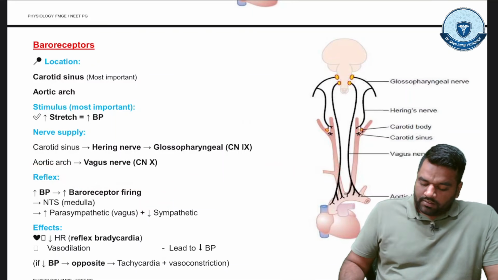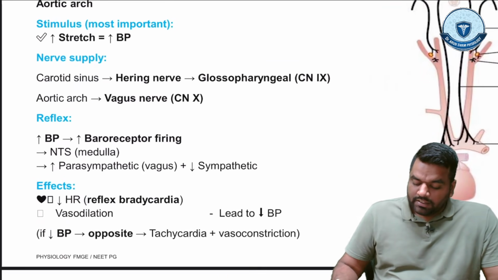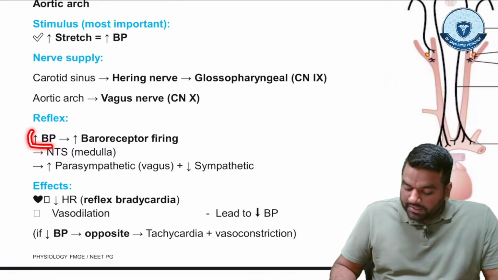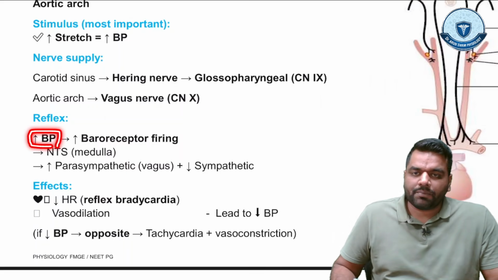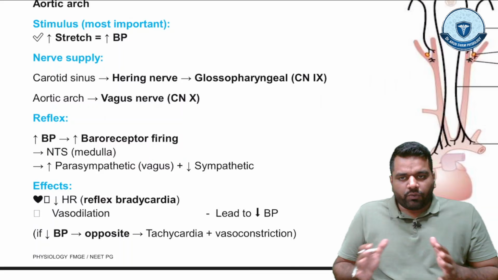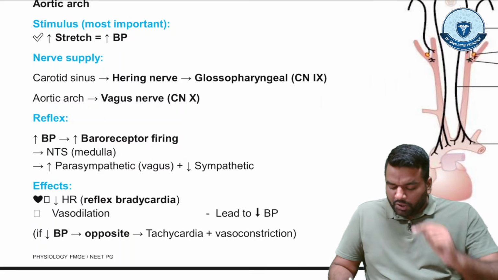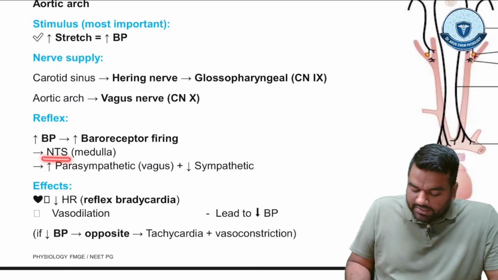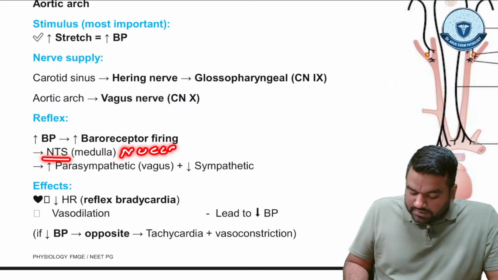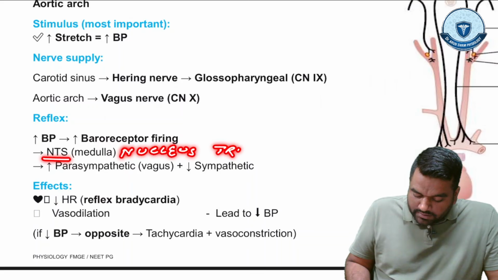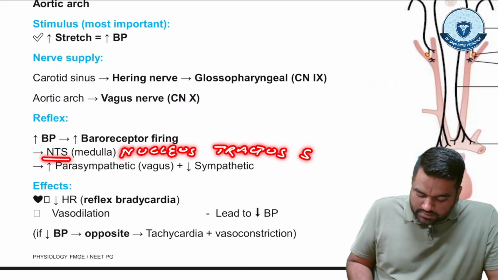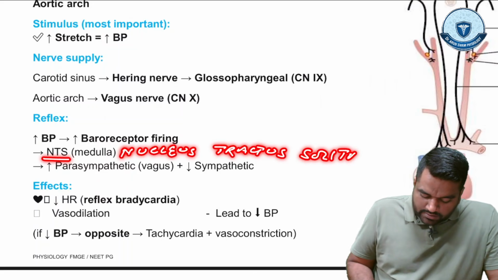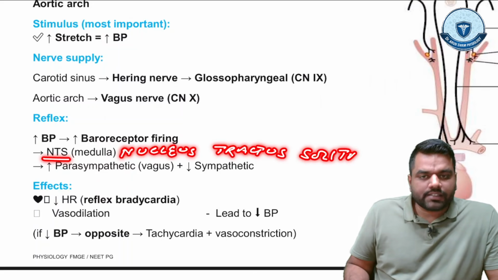If we talk about the reflex, whenever the BP is increased, the baroreceptor will fire. This firing will go into the medulla, to the nucleus tractus solitarius. NTS means nucleus tractus solitarius. Nucleus tractus solitarius is the area.